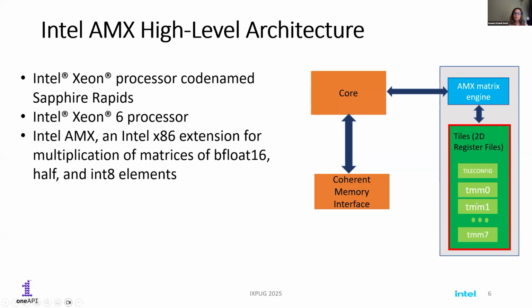There are 8 in total, 8 kilobytes in total, for each core, and these are separate from the core. So if you are using some vector operations, these will be using the vector registers. Intel AMX will be using the 2D or the matrix registers. So the users have to be aware of this separation of registers.